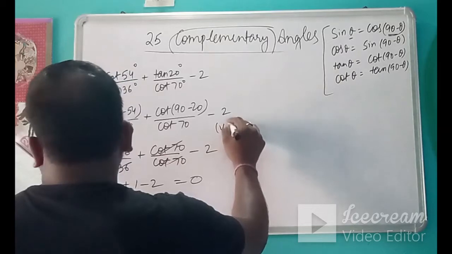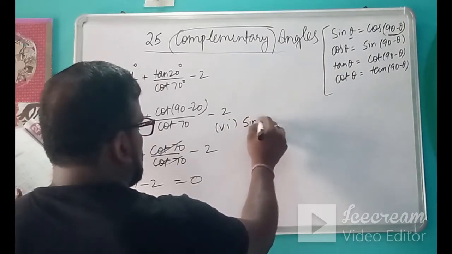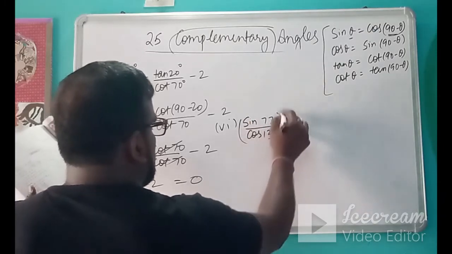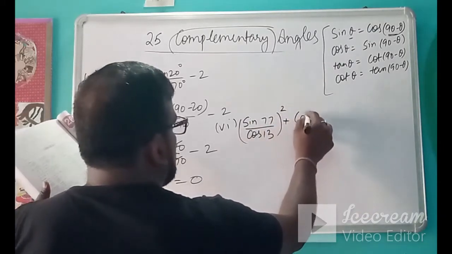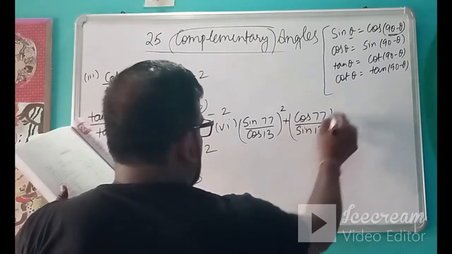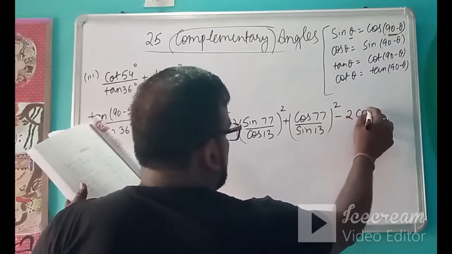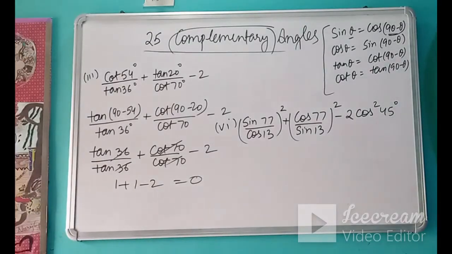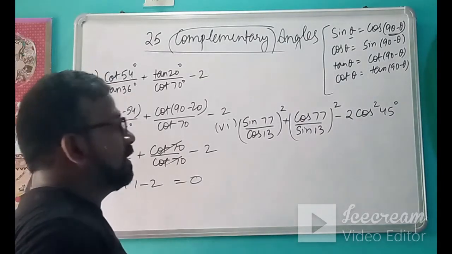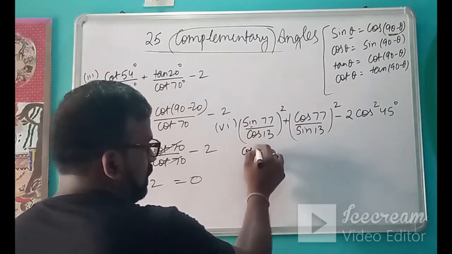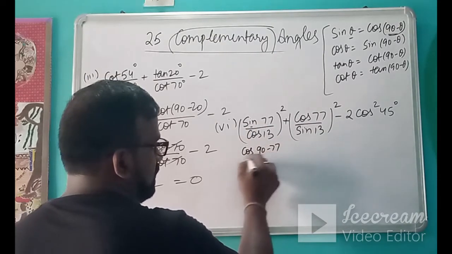Okay, suppose I write one question. Okay, so this question we have to solve by using the concepts of complementary angles. Now I will change this sine like this, cos 90 minus theta.